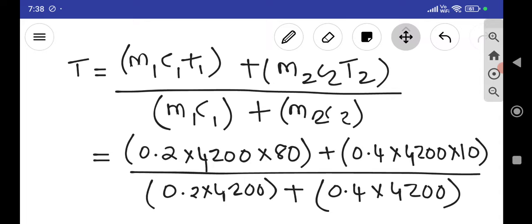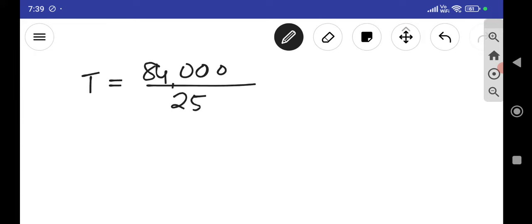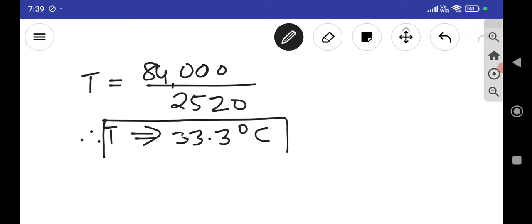I have calculated this and I got values of 84,000 divided by 2520. So therefore the final temperature is 33.3 degrees Celsius. Hope everybody understood this.